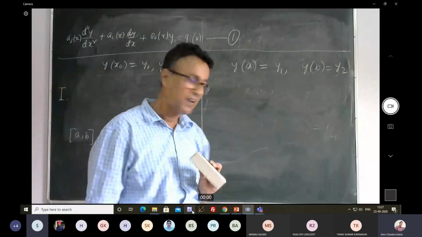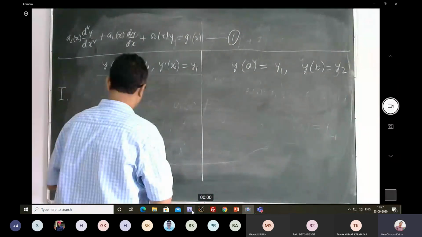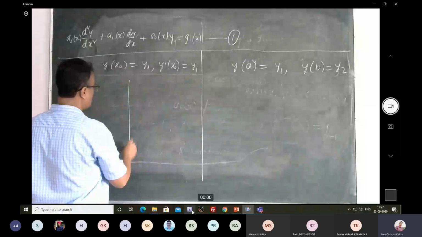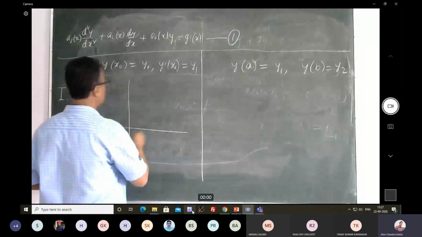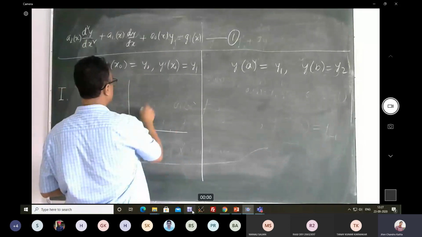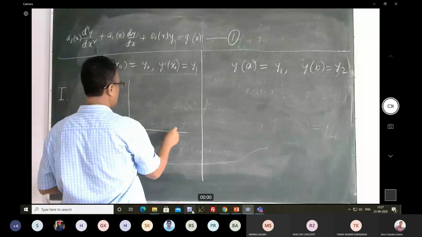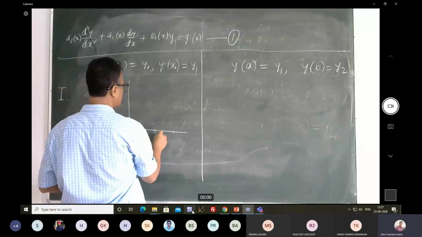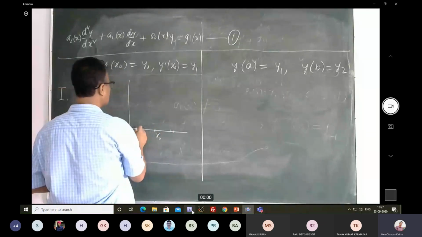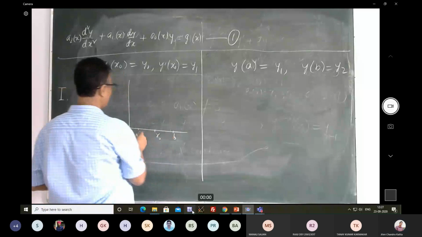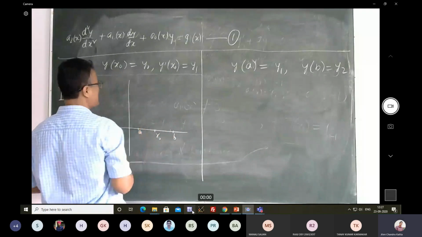Now, if you recall, suppose this is my interval I, and this is x0. I can still consider (a, b) here.